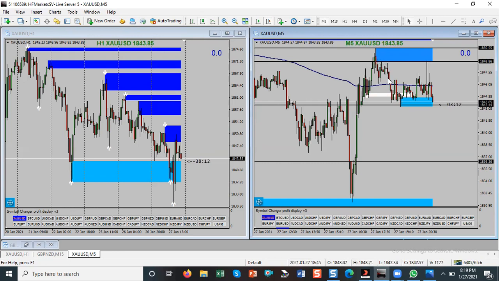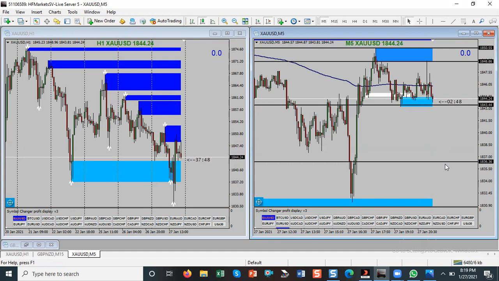Then wait for price to break market structure when trading out of that supply zone. Then wait for a retest of that 5 minutes supply zone. That is when you take your entry at this point. Then market will run down for you. I hope that is clear.